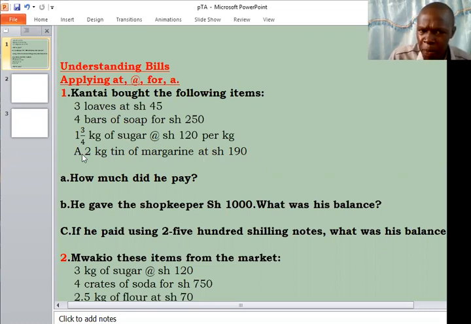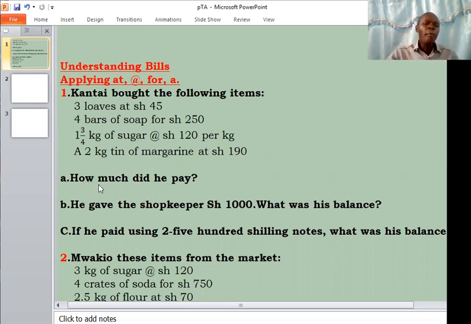Are we going to multiply or we don't multiply? We are not going to multiply. Why? You ask yourself, how many items were bought? Only 1. 1 tin of margarine. That means we shall only add 190 shillings.